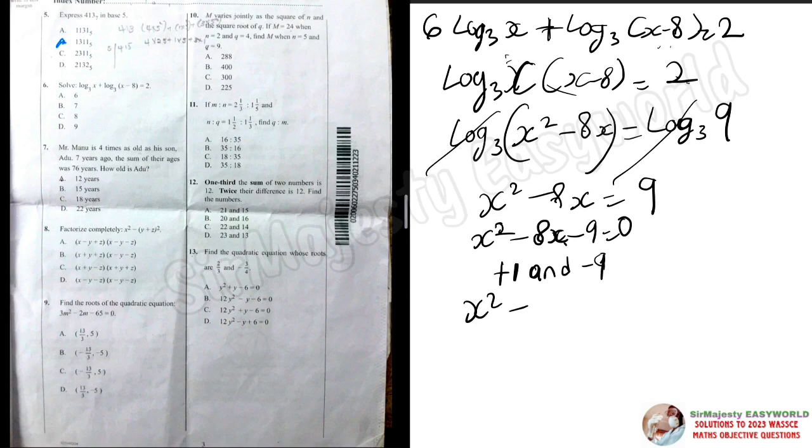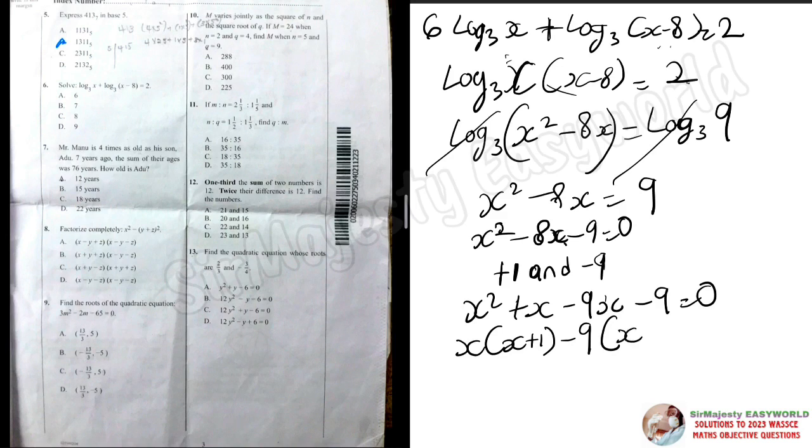So that will be x squared plus x minus 9x minus 9 is equal to 0. Factorizing x squared plus x gives us x times x plus 1, and minus 9x minus 9 gives us minus 9 times x plus 1. So we have similar factors here.